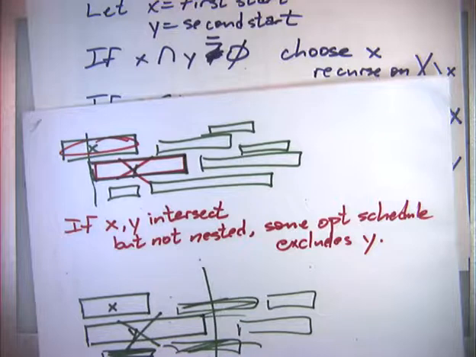Suppose there's a schedule that contains Y, then it must exclude anything that conflicts with Y, and therefore it must exclude everything that conflicts with X. And so deleting Y and inserting X leaves you with a valid schedule. Therefore, just write the three or four sentences to fill in the details.